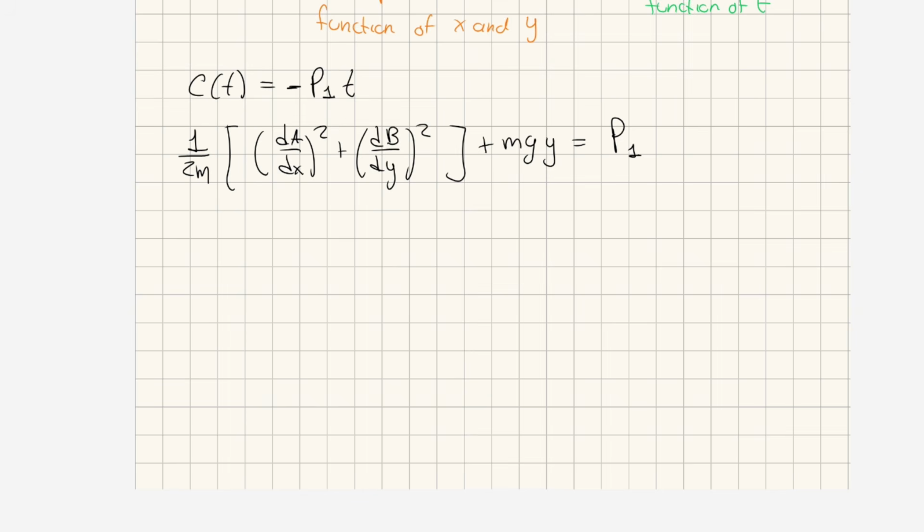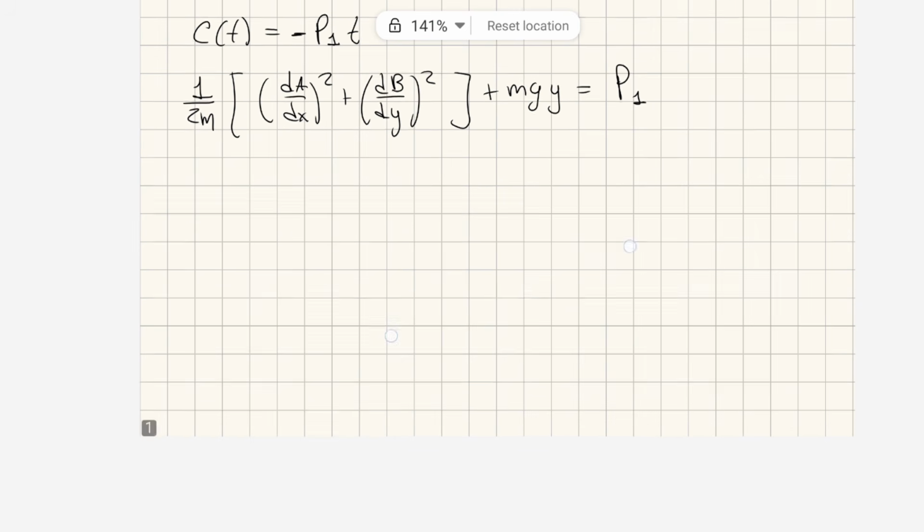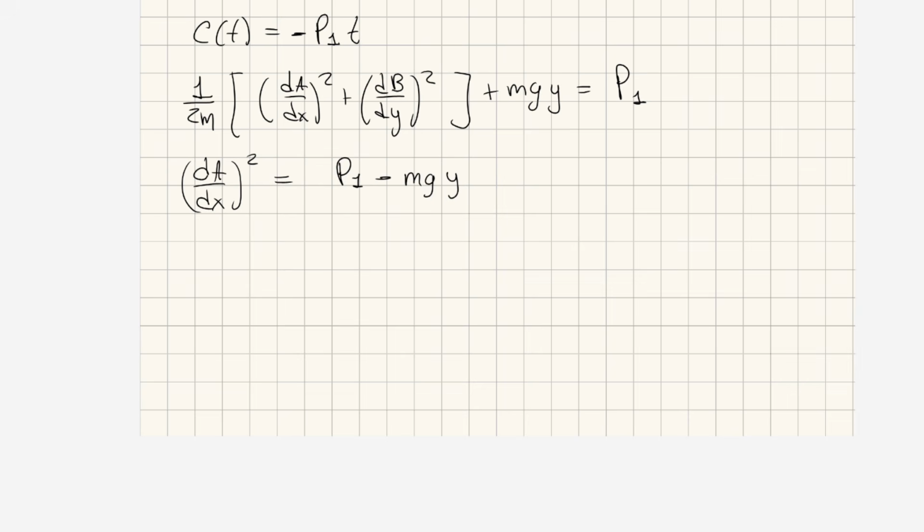Perfect. So what we are going to do next is to solve this equation for the derivative of a with respect to x. So we are going to get that the derivative of a with respect to x squared is going to be equal to p1 minus mgy, and then this multiplies 2m, minus the derivative of b with respect to y squared.